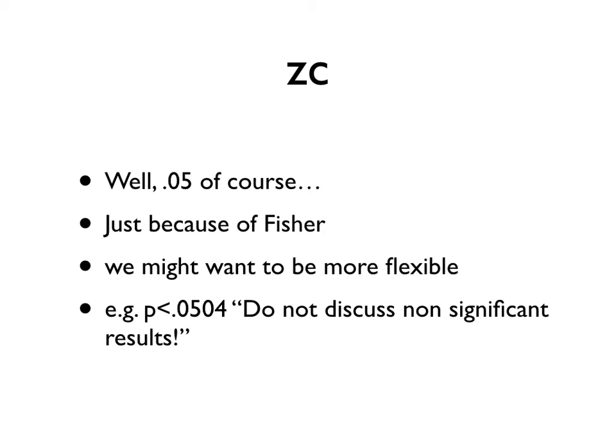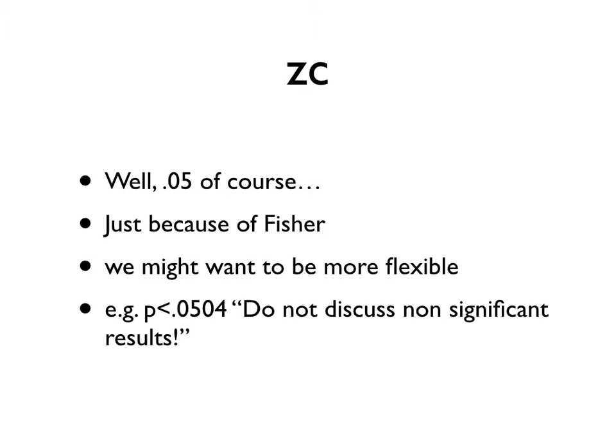I think we might want to be a little more flexible. I was once told in an article that I submitted for publication, it did eventually get published, when I discussed a result that went along with everything else theoretically I'd written and all the other data, it was at, I kind of rounded it, it would be 0.05, but I thought I'm going to be intellectually honest, and I'm going to say 0.0504.